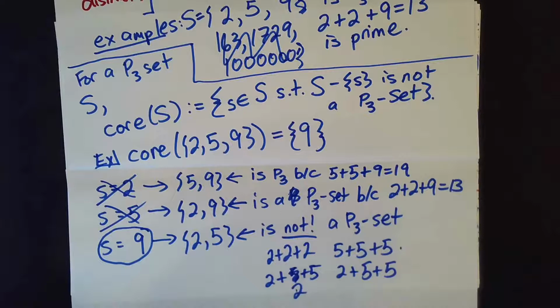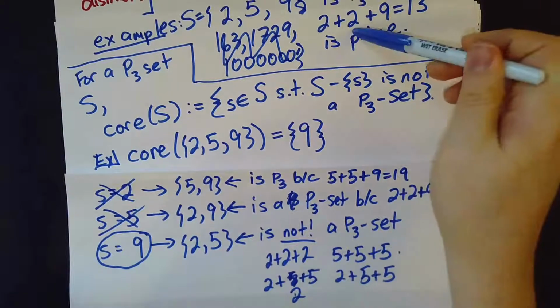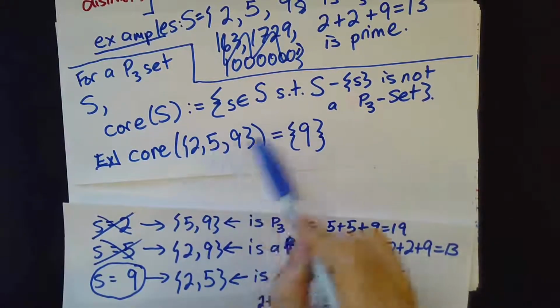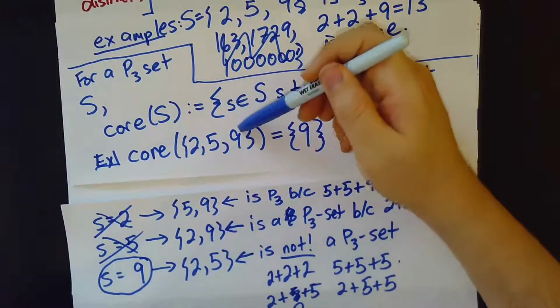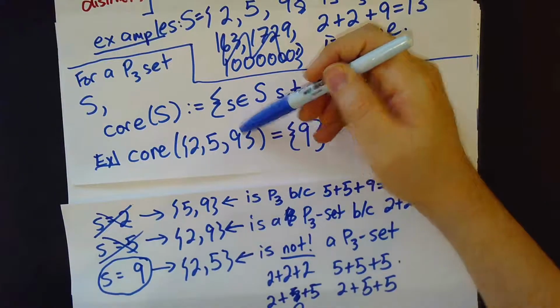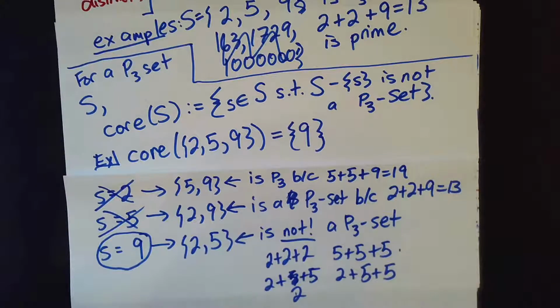And so in this particular instance, 9 happens to appear in every previous example, because if you look at the original set, it turns out the only way you can sum a prime out of these has to involve using 9 if you're going to throw 3 of them together. So that is what's happening with this question about the core. Okay. Questions about P3 sets and cores?